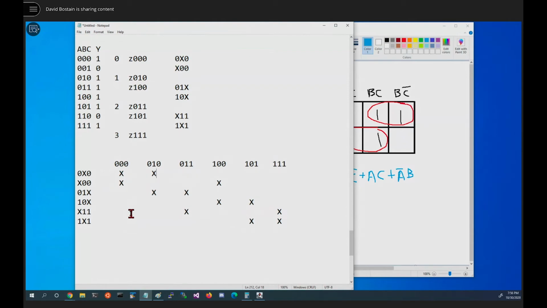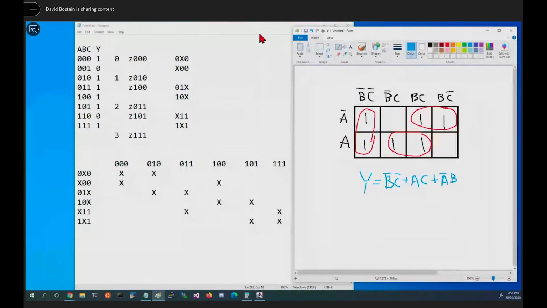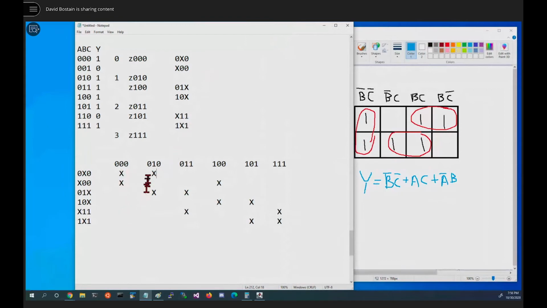Remember, we're looking for the ones that are absolutely necessary. And for them to be absolutely necessary, there would only be one X in the column. So now we've got some choices to make. We have to pick values that cover everything.